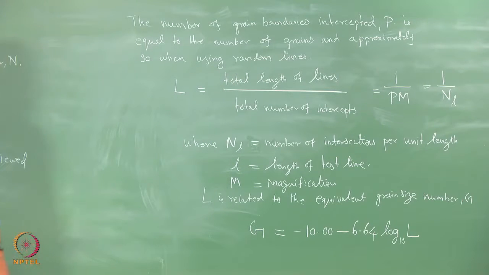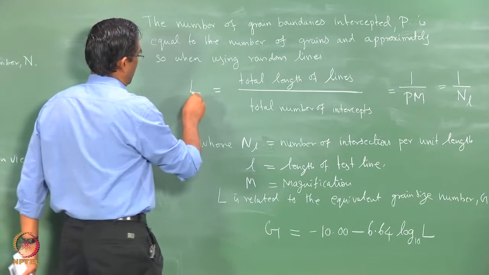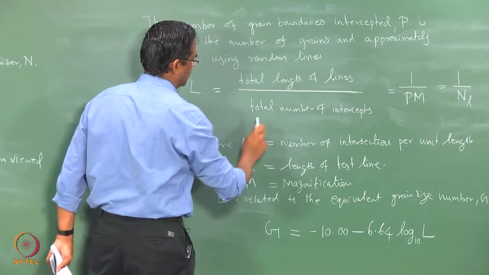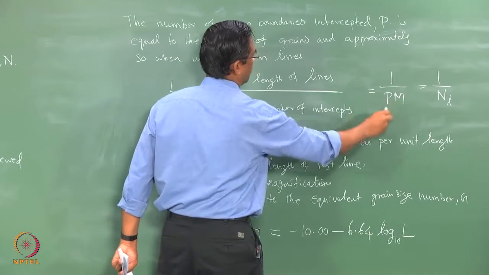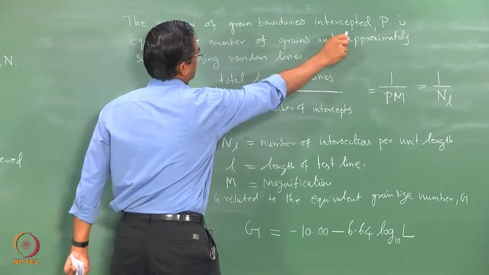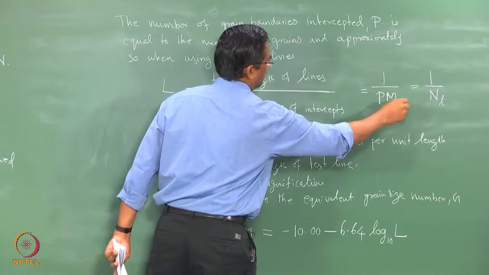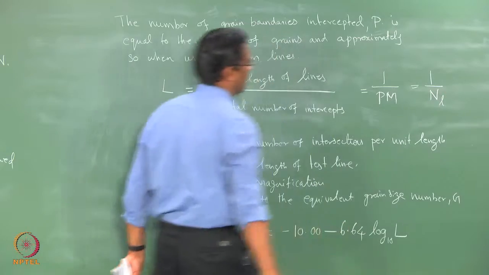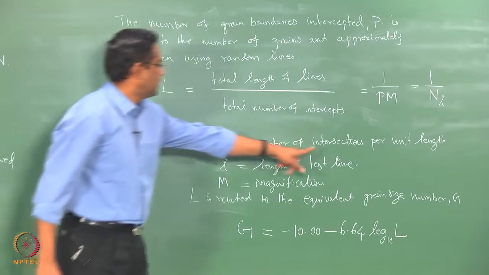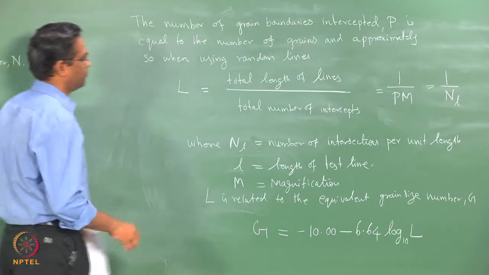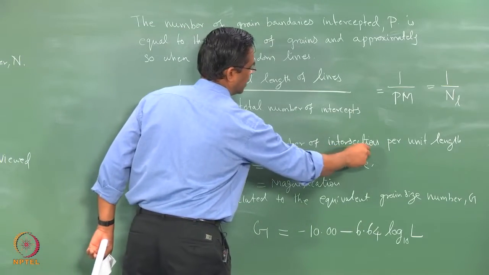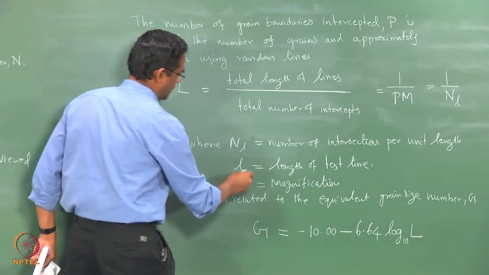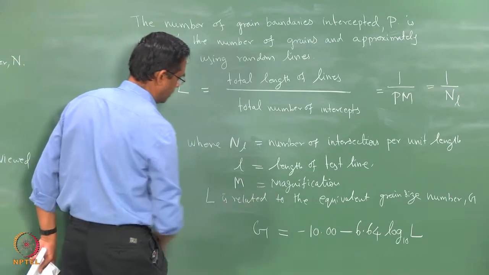Of course, all these techniques you have to consider using random lines, and L is equal to the total length of lines over the total number of intercepts, which is equal to 1 by Pm, where P is the number of grain boundaries intercepted and M is the magnification, which is nothing but the inverse of the number of intercepts per unit length. So, this is a relation again, where L is the number of intersections per unit length, L is the length of the test line, M is the magnification.